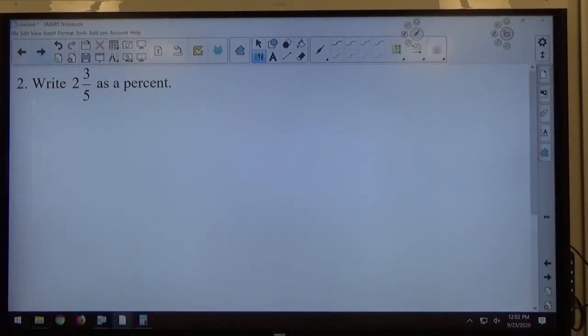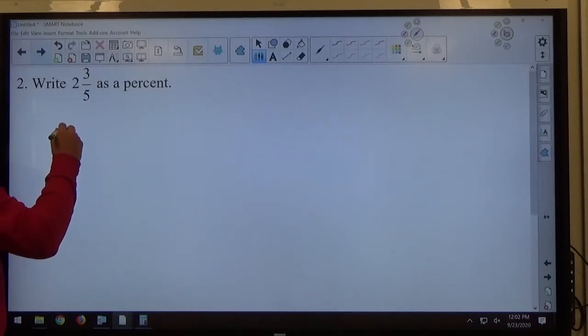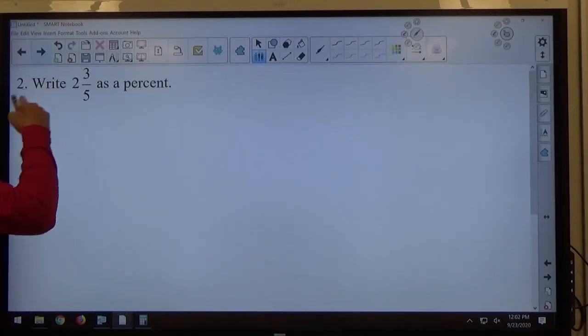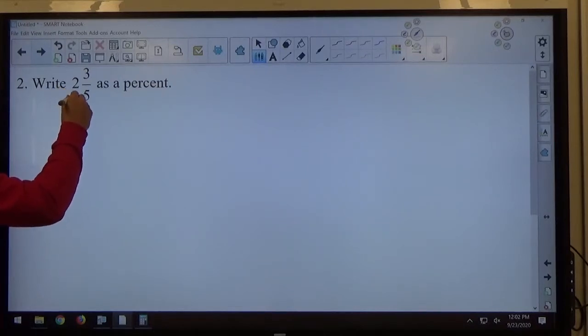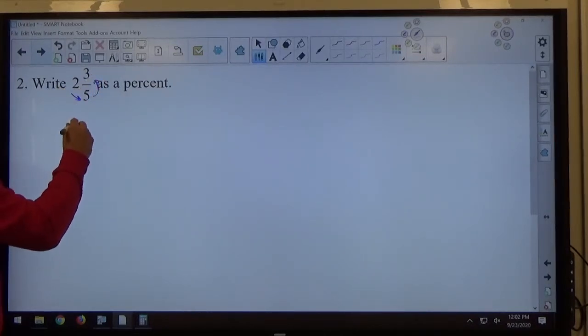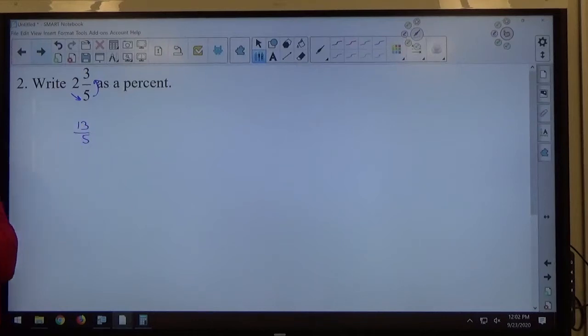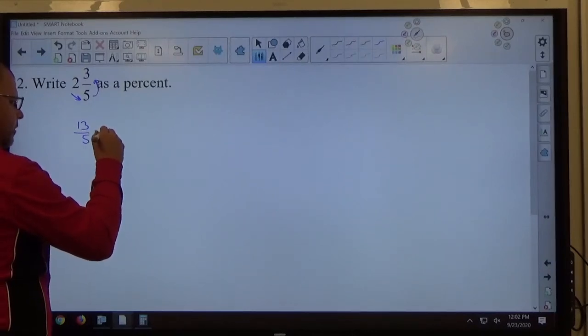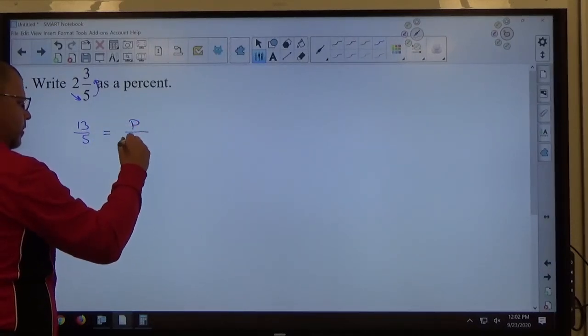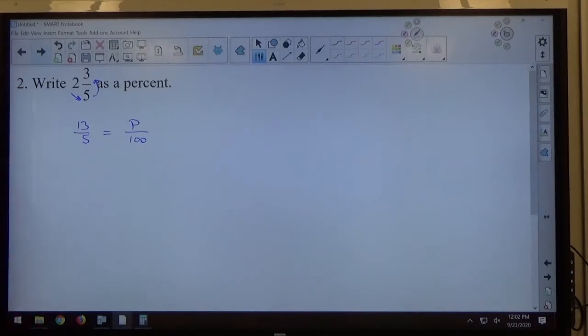To write a fraction as a percent, first thing we're going to do is make it 13 over 5. 2 times 5 is 10, plus 3 is 13. I just say equals P over 100.